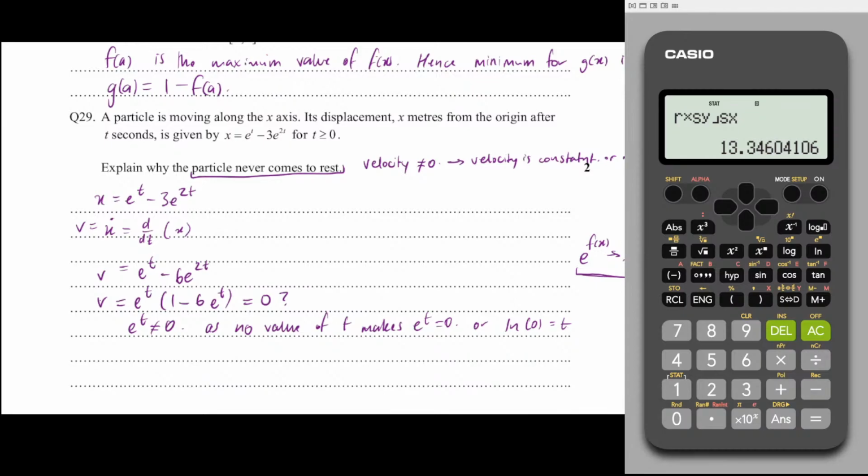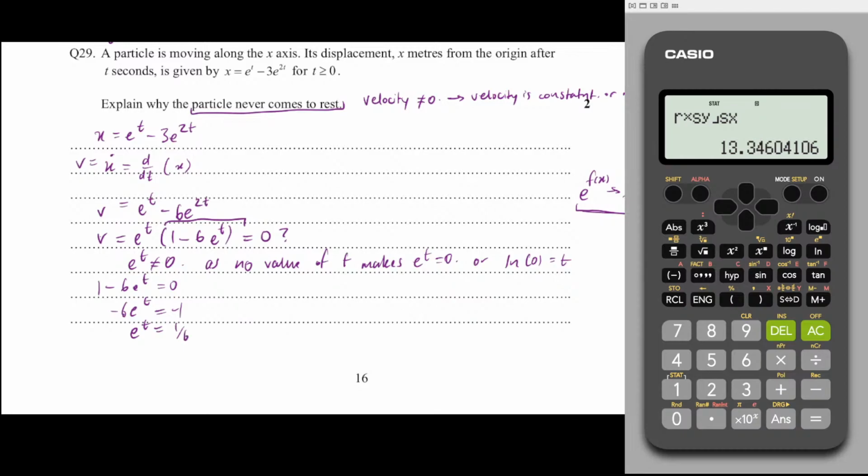Okay, and the other side we've got 1 minus 6e to the t is equal to 0, which means minus 6e to the t is equal to negative 1, which means that e to the t is equal to 1 on 6. And again, same as before. Well, it's not the same as before.